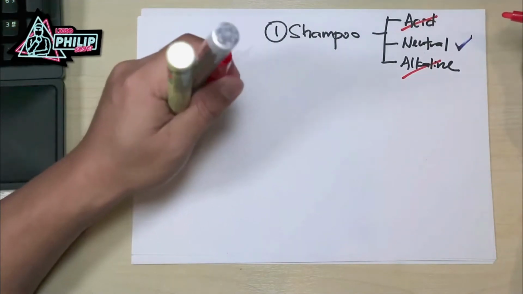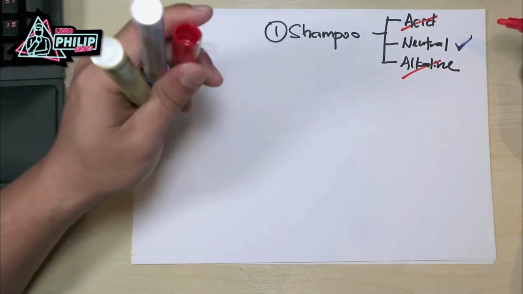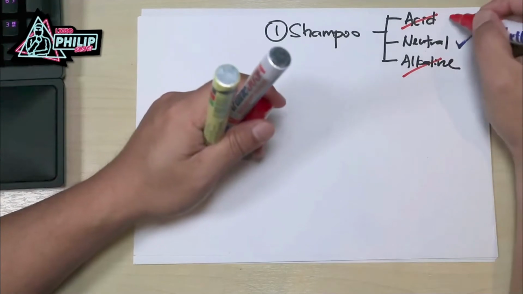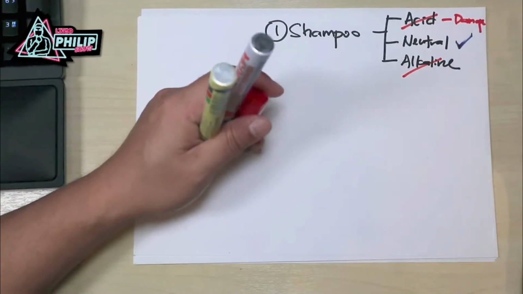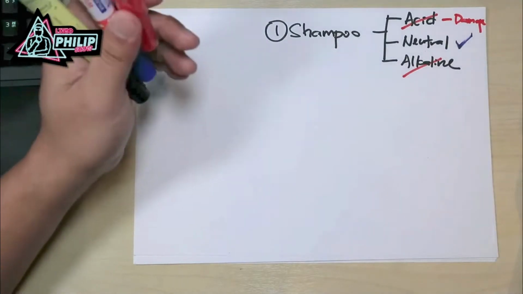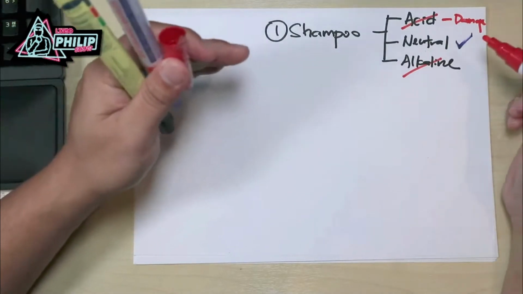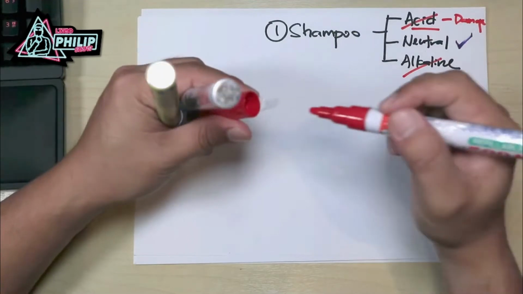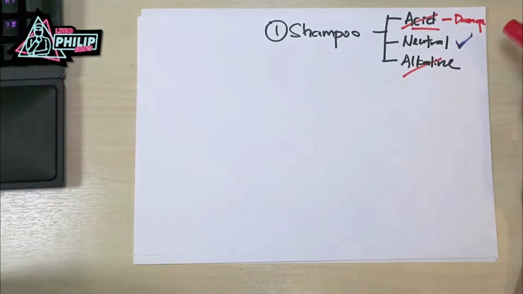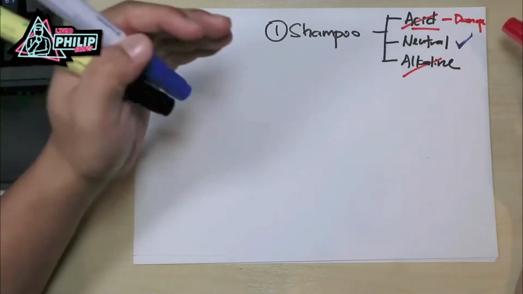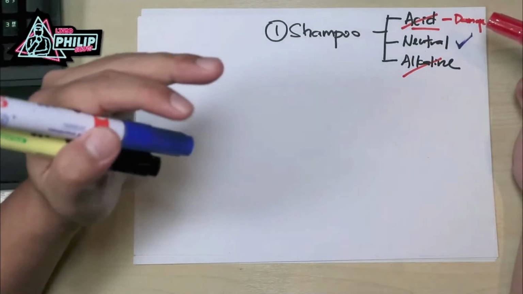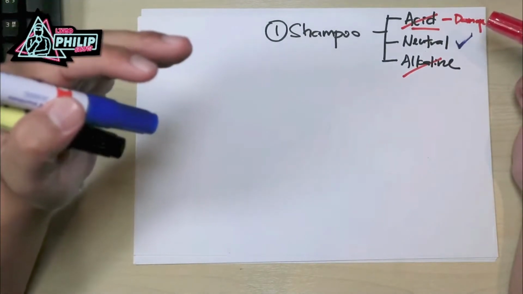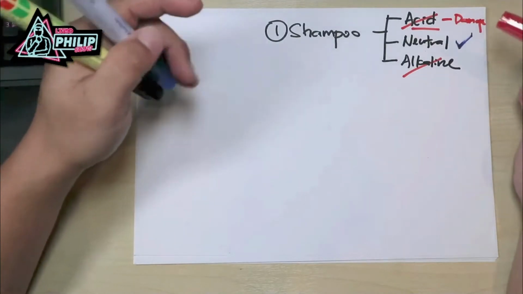With acidic, if you don't know how to use it and the dilution is not right, you end up damaging your clear coat. So we don't recommend customers go for acid shampoo, although acid always gives you the fastest result. The problem is that from time to time, acid will damage the clear coat, and even if you have any protection or wax on top, it will damage that too.